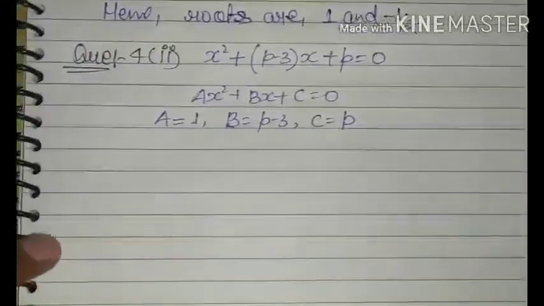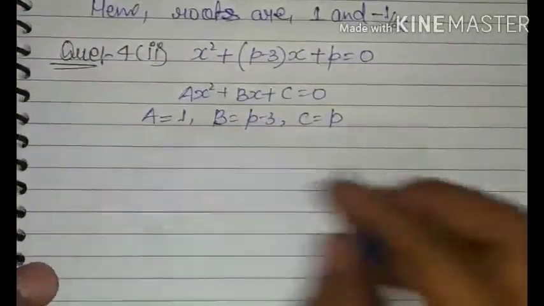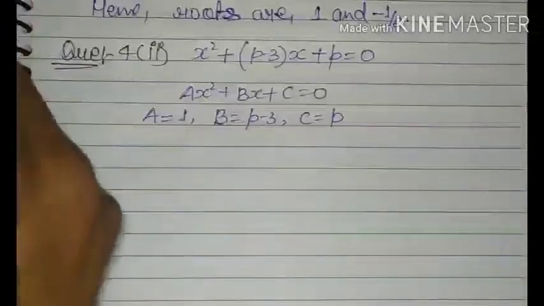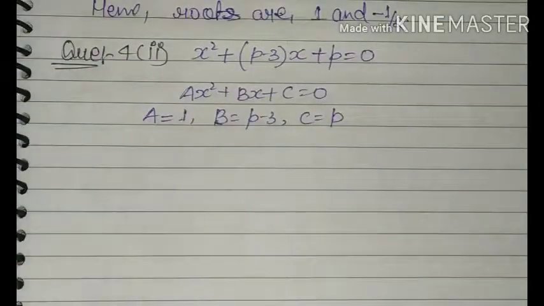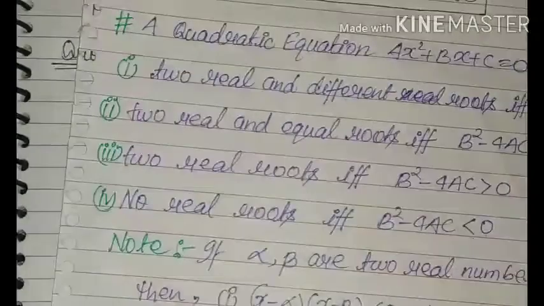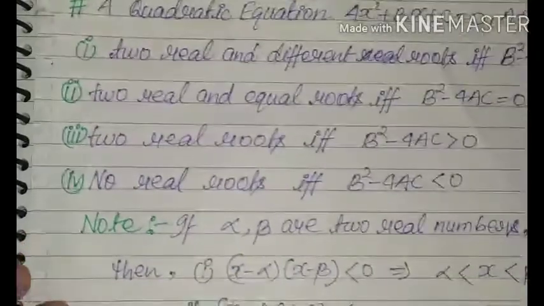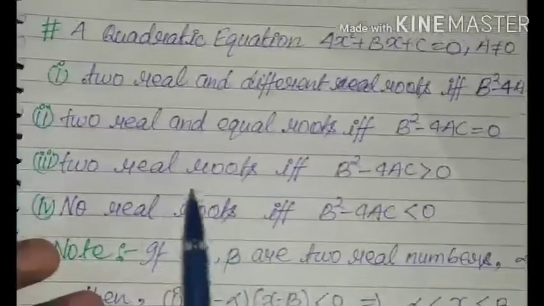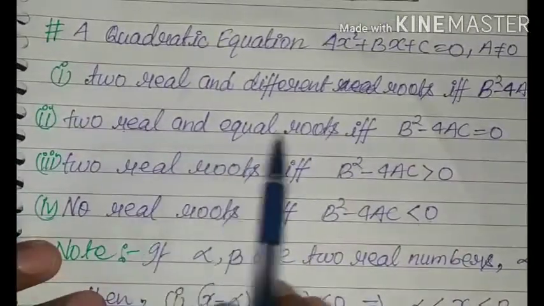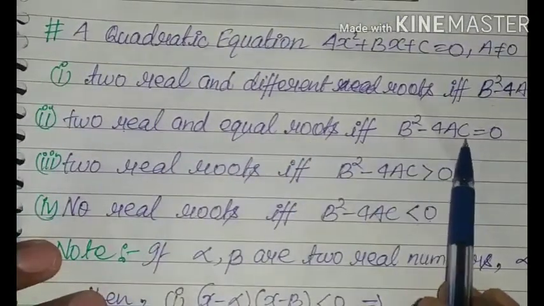Okay, and the given condition is real and equal roots, and the condition for real and equal roots is b² − 4ac should equal 0.